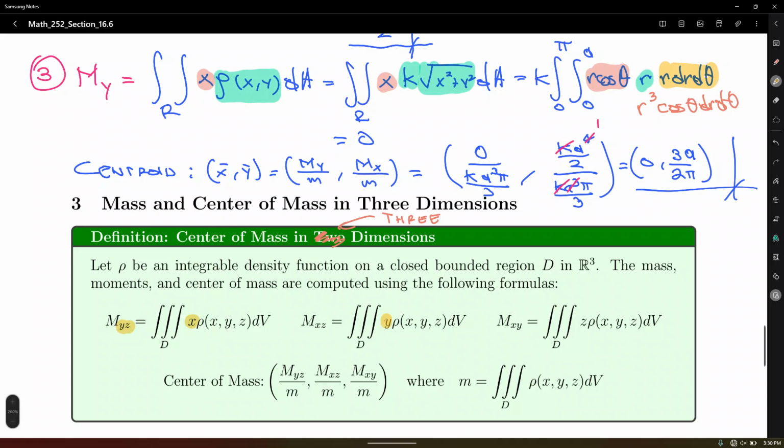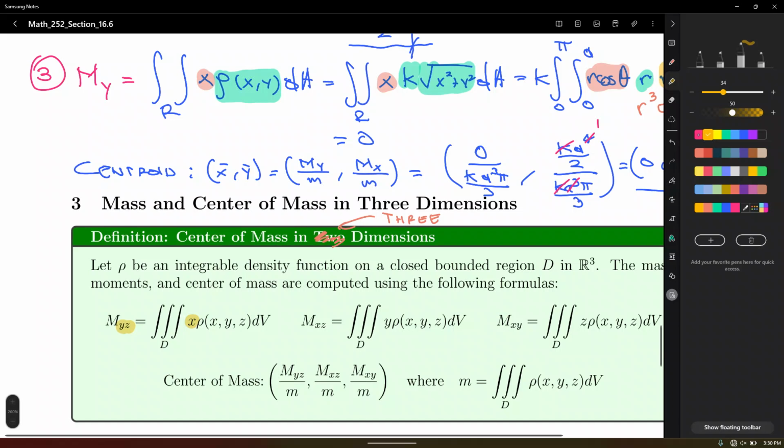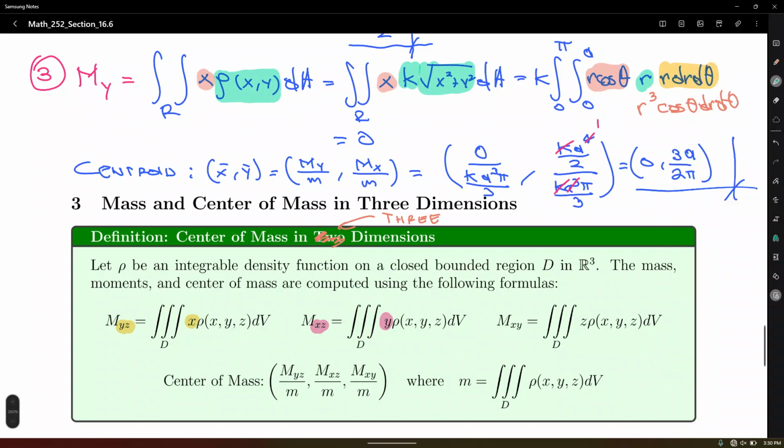The moment that involves a distance y will be the moment about x and z. And lastly, the moment that involves a distance z will be the moment about x and y. So in this case, we would need to think of this in 3 dimensions.